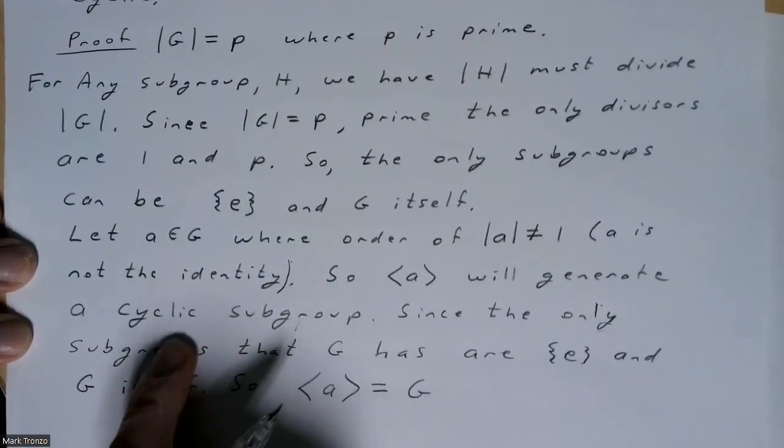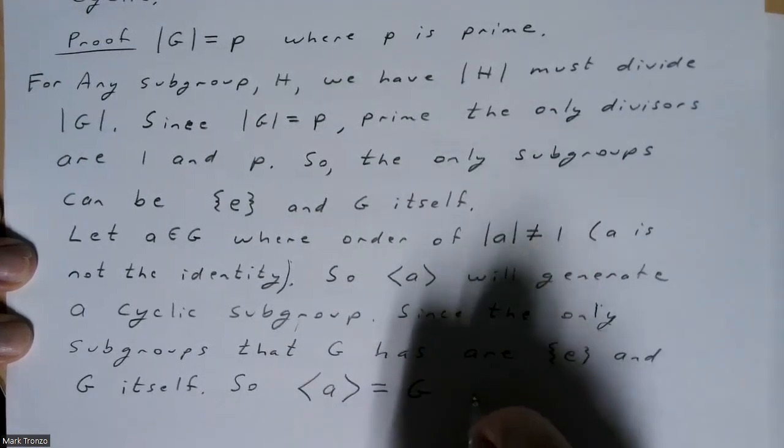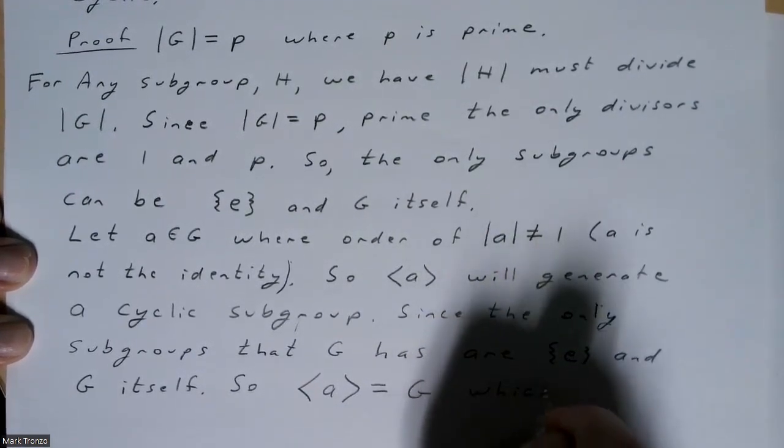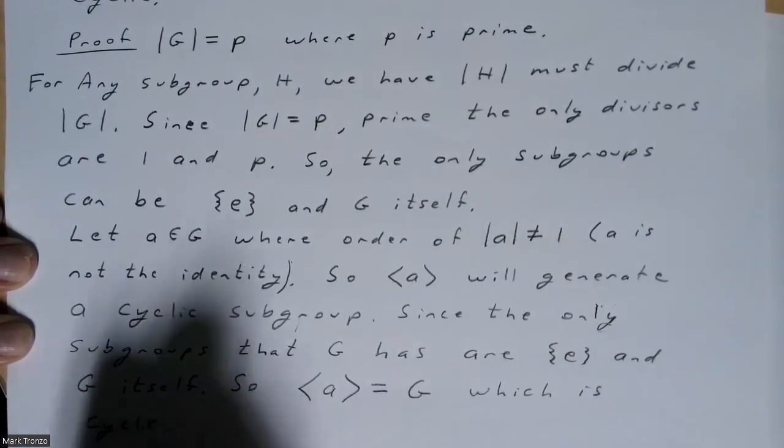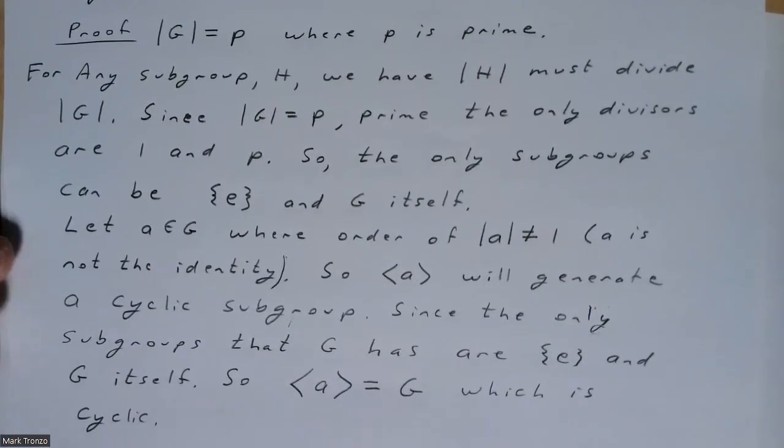And again, we said that this will generate a cyclic subgroup, which is cyclic. So again, the idea is any member of the group G will form a cyclic subgroup.